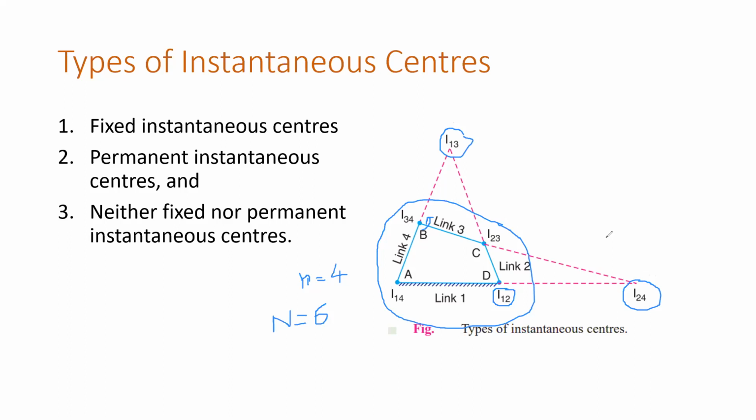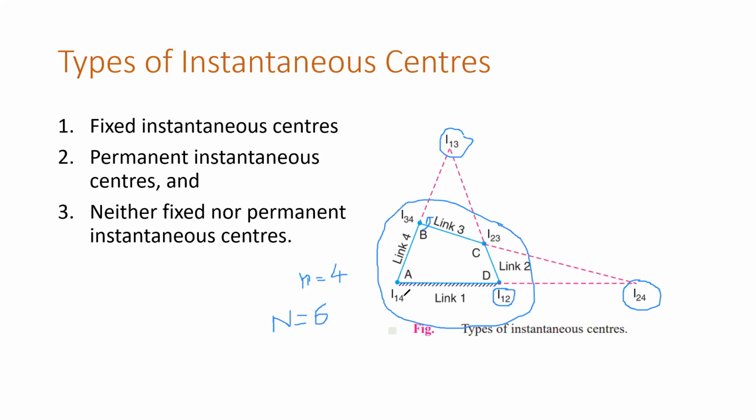Which ICRs will be known as fixed ICRs? The ICRs which are on the fixed link will be known as fixed instantaneous centers. For example, here you can see link 1 is fixed, so ICRs I12 and I14 will be known as fixed ICRs.